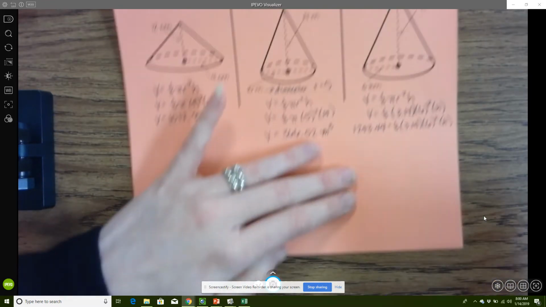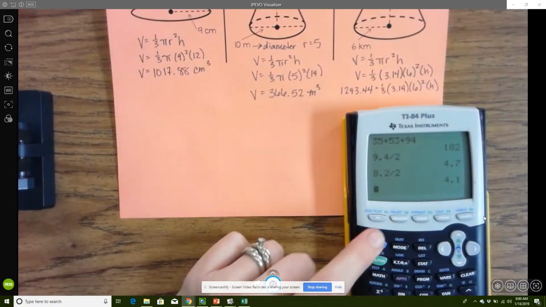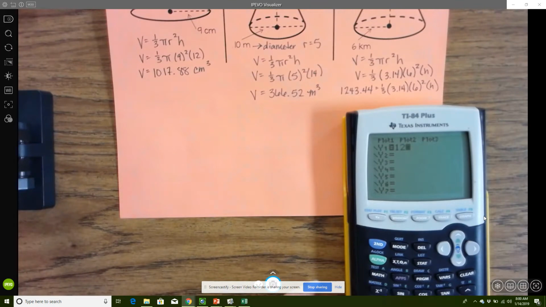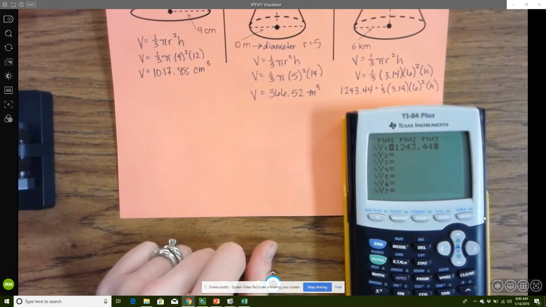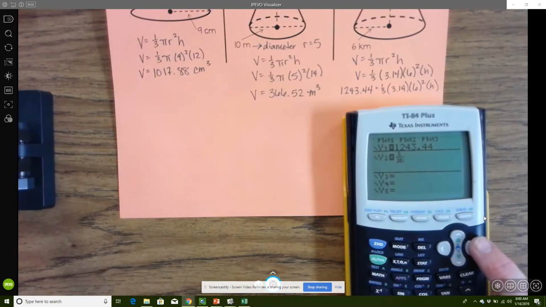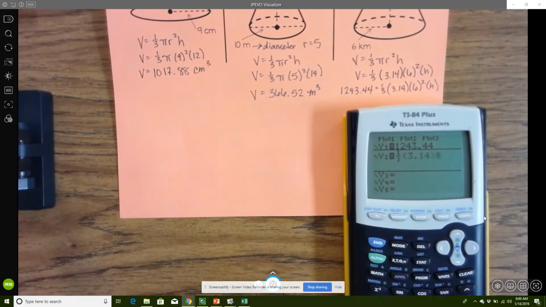And now you can solve this like an equation. So you'd go to y equals. And so the left hand of the equal goes into y1. Remember, we're using 3.14 for pi.